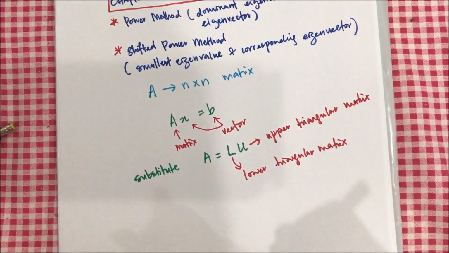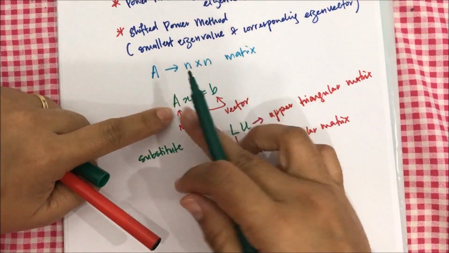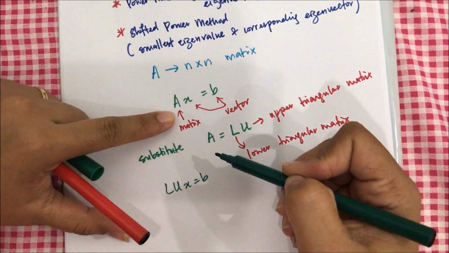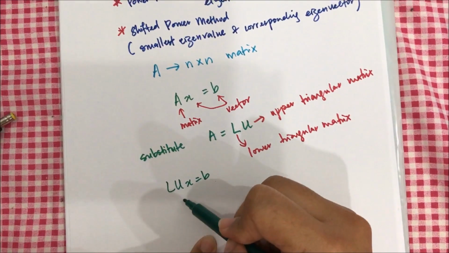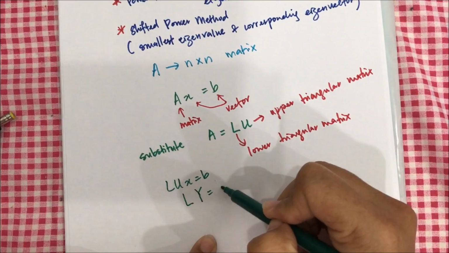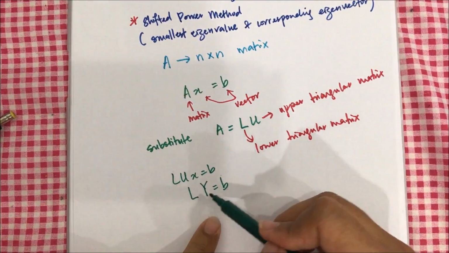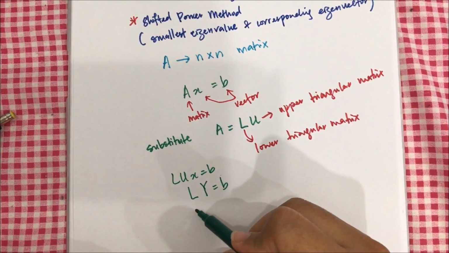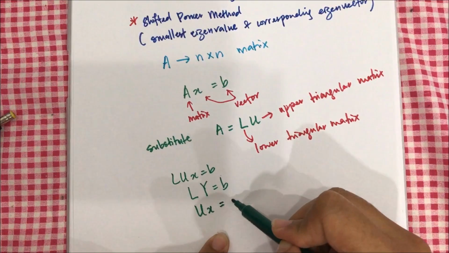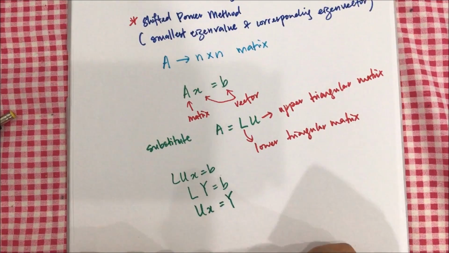After we substitute A equal to LU, we substitute it back, becoming LUx equal to b, and we take L times y equal to b, and then we solve y. After that, we substitute into Ux equal to y, and then we can find the value of x.